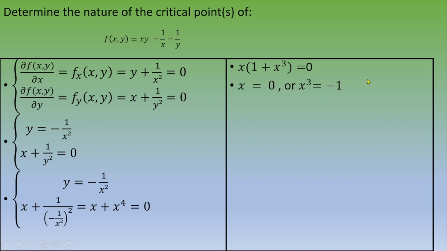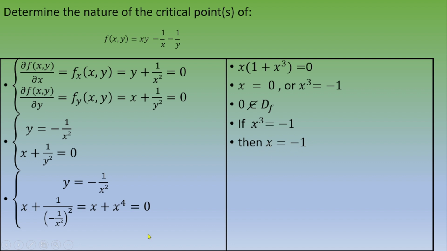So 0 doesn't belong to the domain of definition, as we said earlier, and the second one, x cubed equals negative 1. This is possible if and only if x equals negative 1. So now we know the value of x.